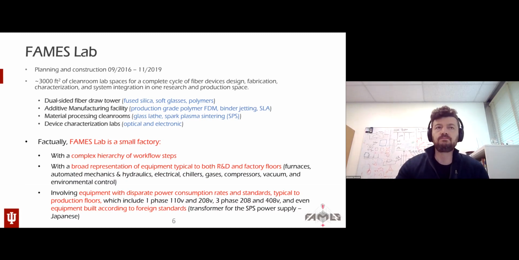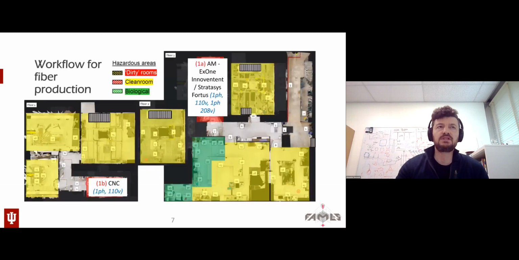So looking at the lab, a typical workflow would start from 3D printing of internal parts of the fiber preform using 3D printers. We have one that is a binder jetting printer tuned to work with silica powder. And we have another one that works with polymers, biocompatible polymers.